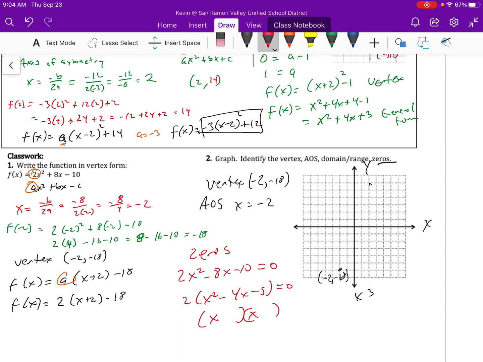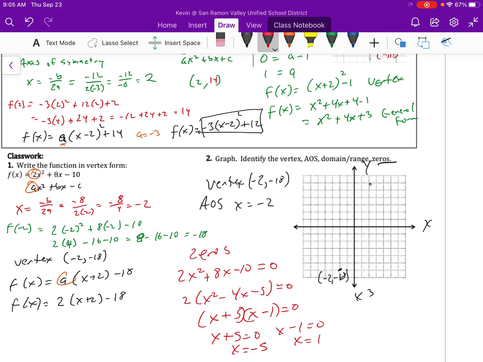This is going to be x plus 1 times x minus 5 equals 0. So x equals negative 1 and x equals 5. Those are our zeros.